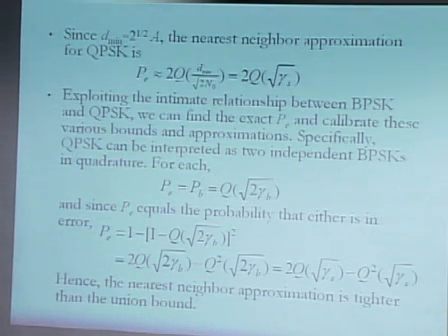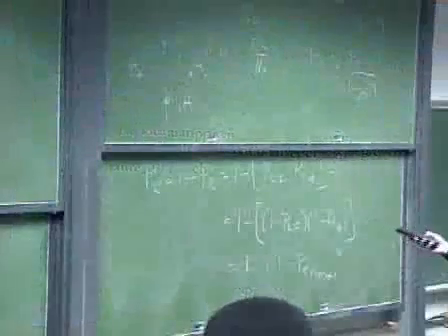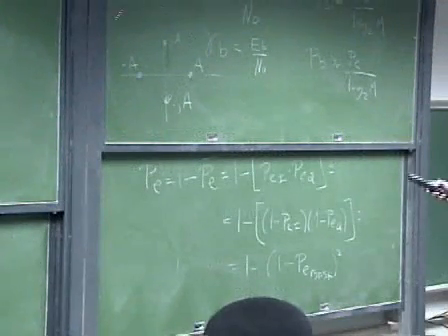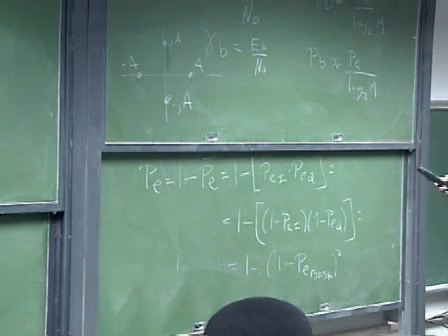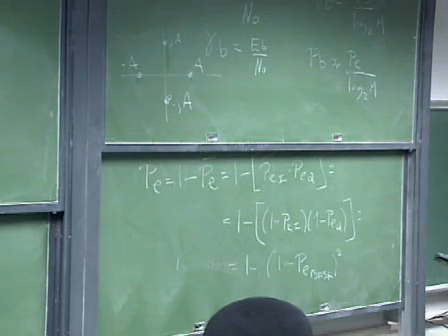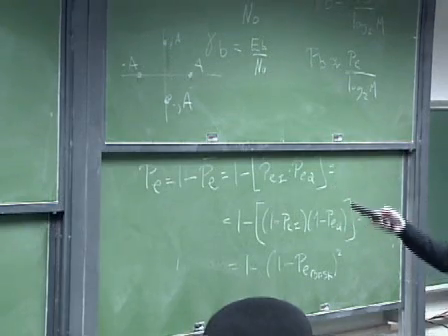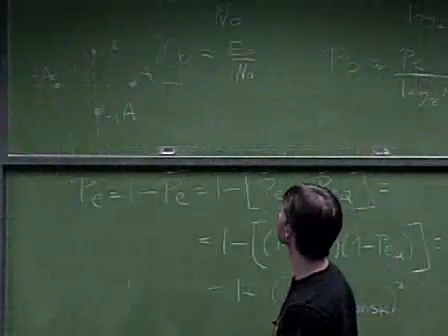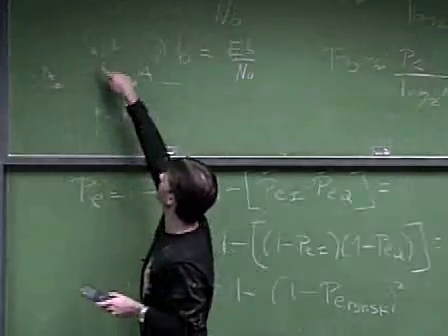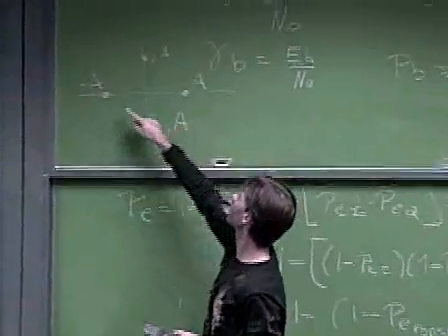Yeah, that's correct, but I used independence only in one step, right? Which is here. So I used independence to express the fact that the probability that there is no error in the QPSK is the product of the probabilities, right? And what I used is correct. So the probability that there is an error in either of them is independent. In other words, the probability that this bit is in error does not depend on this other bit.